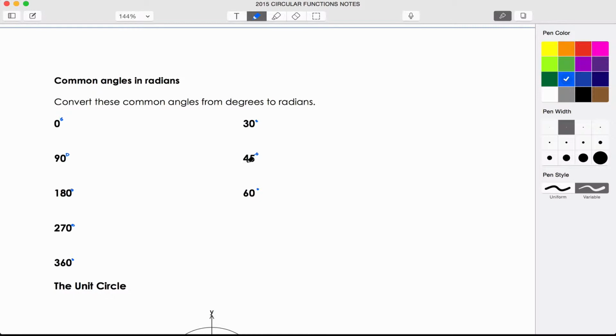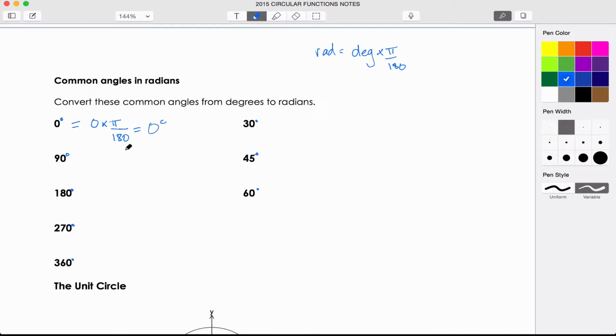I will remind you that the formula for changing from degrees into radians is radians equals degrees times pi over 180. So for this one we need to do 0 times pi over 180, which just equals 0 radians.